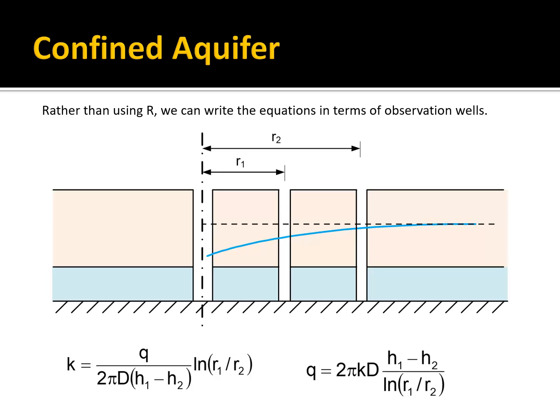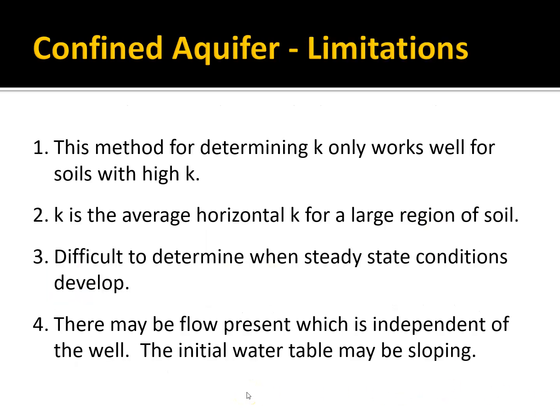And in fact, even if you had one monitoring well, you could use the head at the well and the radius of the well for one, and then the water level in a monitoring well. So there are ways to get around having to rely on a radius of influence as well.